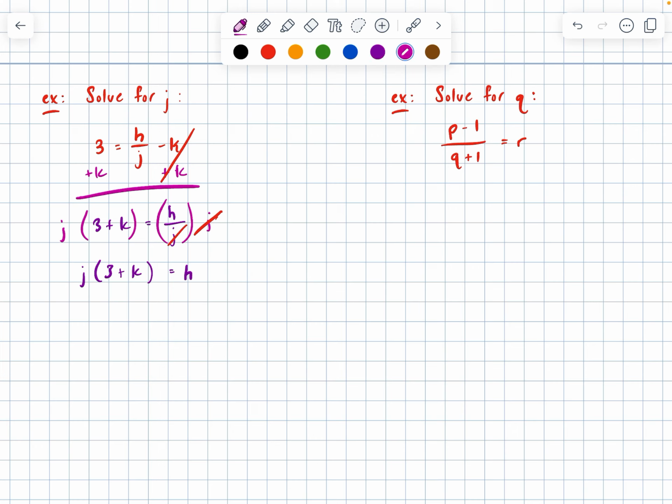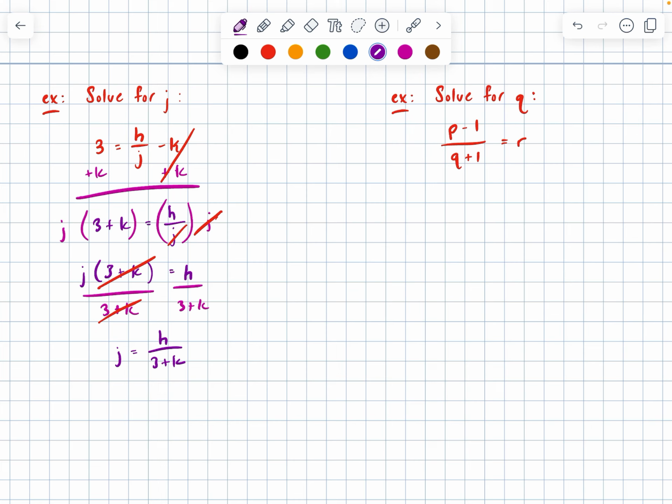Well, what's attached to the j right now? The 3 plus k. So I'll undo it using my division. On the left side, my 3 plus k's undo each other, and I'm left with j equals h over 3 plus k. And then the same idea here, p minus 1 over q plus 1.